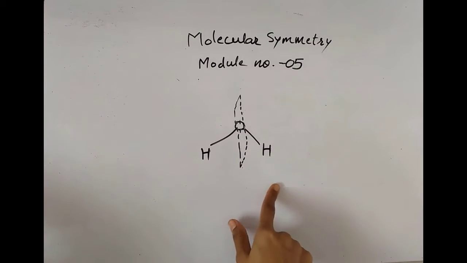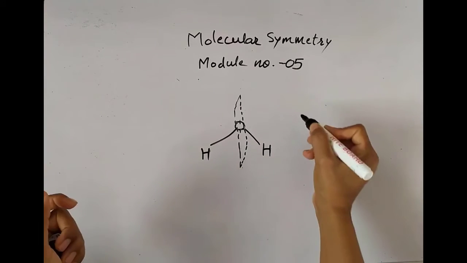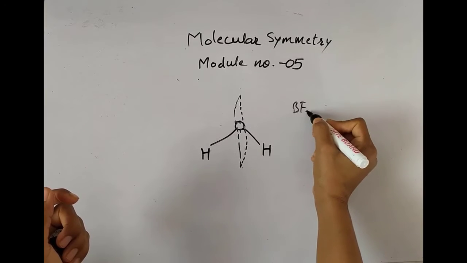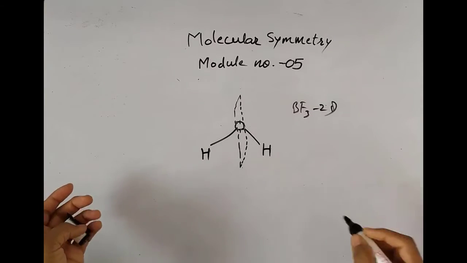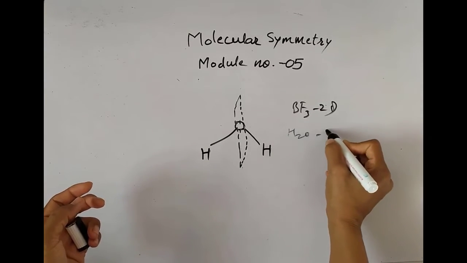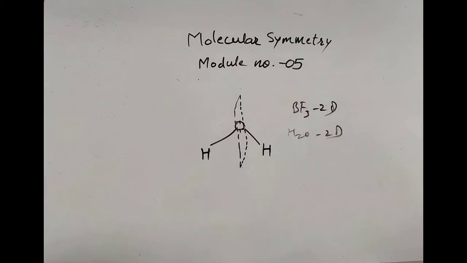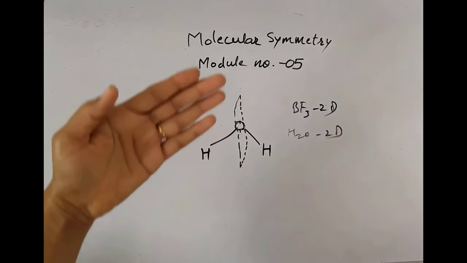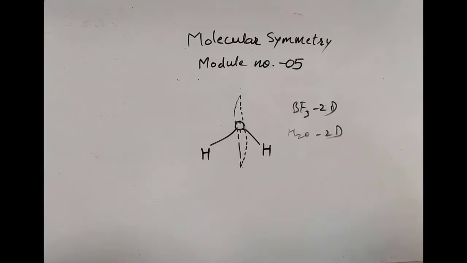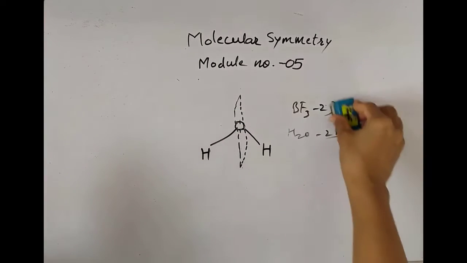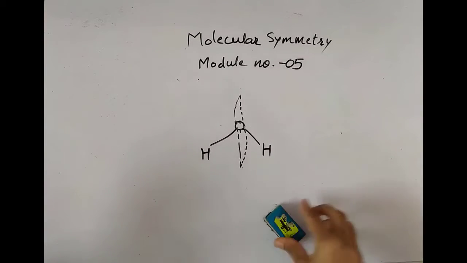This is also a 2D molecule. BF3 was also a 2D molecule, as we discussed. Like that, the water molecule is also 2D, and whenever we have 2D, it means coplanar. Whenever we have a planar molecule, we can pass such a plane which will divide all the atoms in two equal halves.